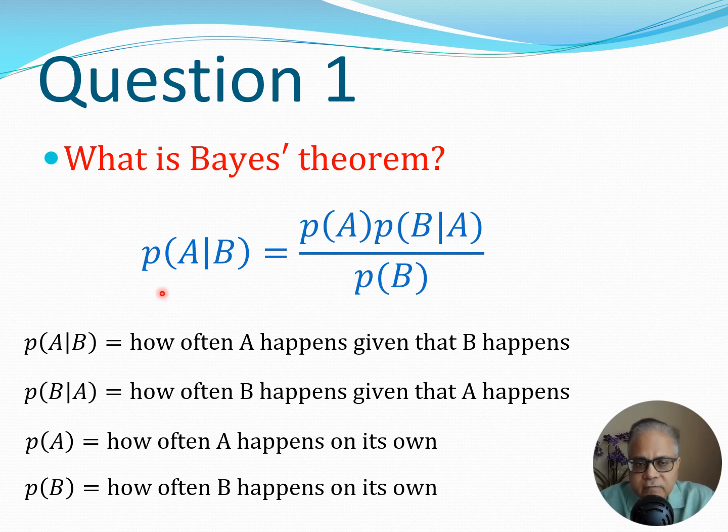It's defined as follows: P(A|B) equals P(A) times P(B|A) divided by P(B). Now this nomenclature, P(A|B), basically means how often A happens given that B takes place.